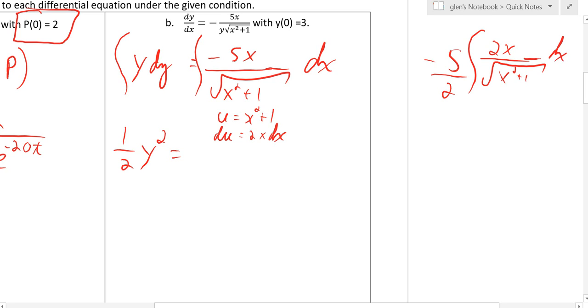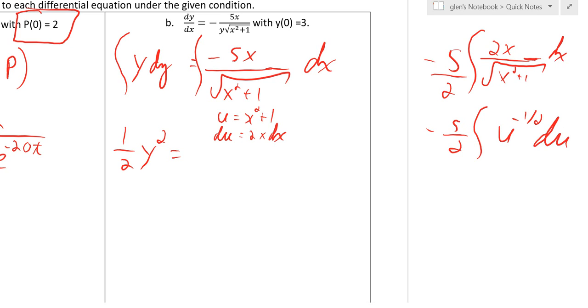So that just becomes negative 5 halves the integral of u to the negative 1/2 du. We okay with that? If you integrate u to the negative 1/2, you get u to the positive 1/2 times 2. And there's a negative 5 halves out front.